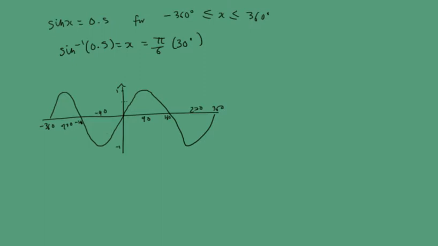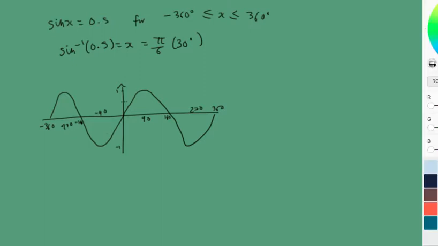I'm going to change the colour to make it show up better. So we can see this is 30 here, but we also have solutions here, here, and here. So there are 4 solutions.